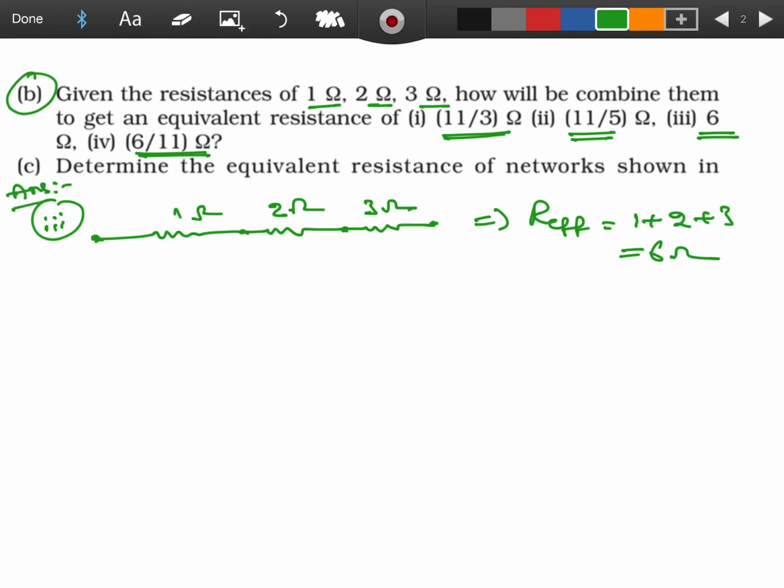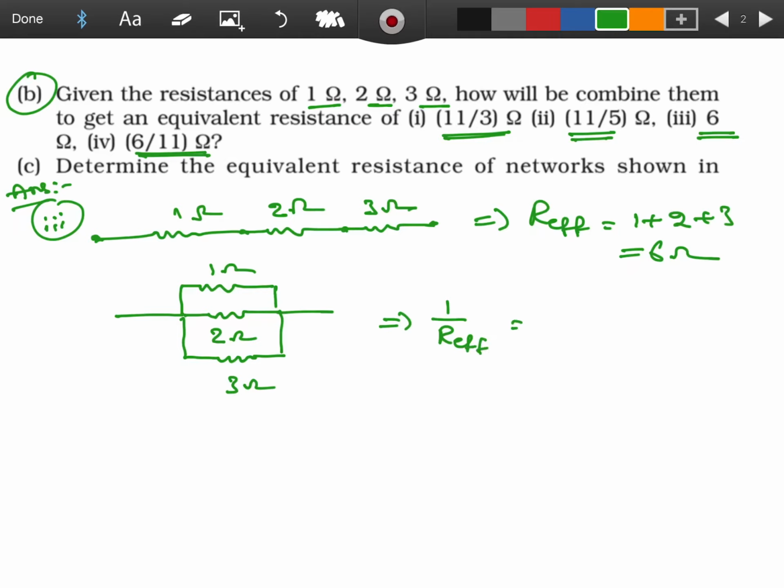Now coming to one more. If all are in parallel, what will happen? 1 ohm, 2 ohm, 3 ohm, all are in parallel. 1 by R effective will be equal to 1 by 1 plus 1 by 2 plus 1 by 3.